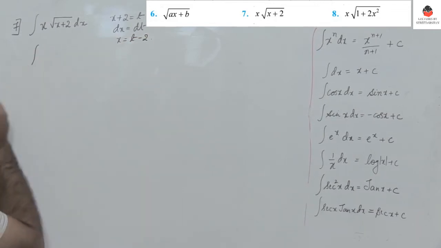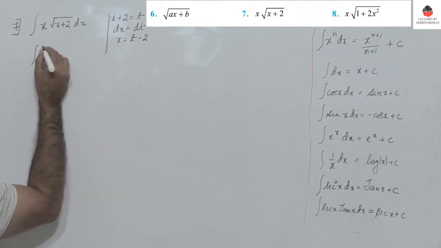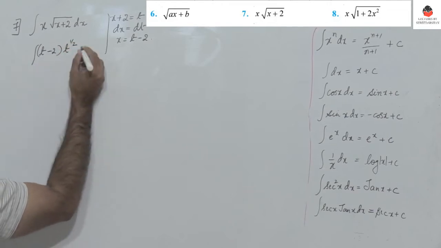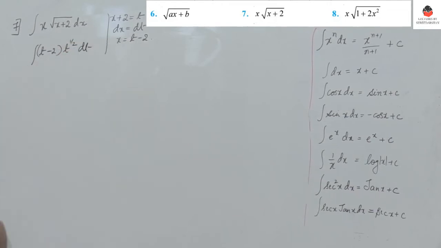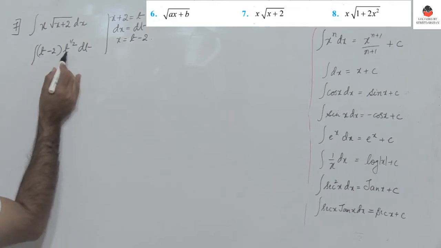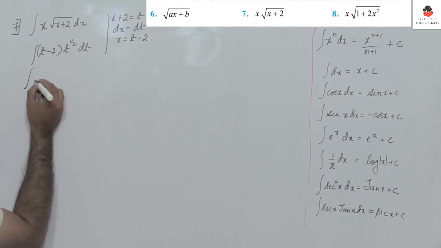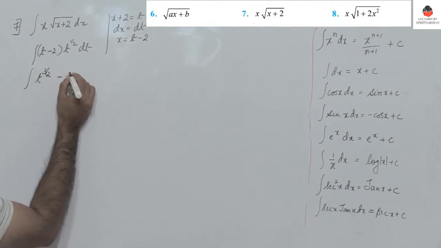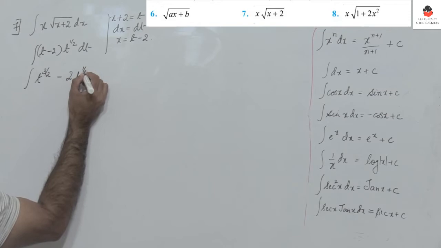So I have integral x is nothing but t minus 2, and this is t power half dt. Dx is nothing but dt. Now let me open the brackets. So t into t power half is t power 3 by 2, right, minus 2 into t power half dt.